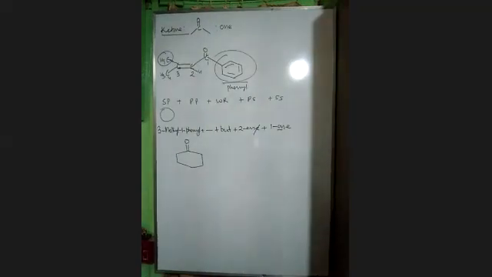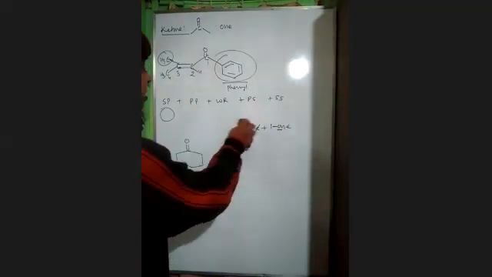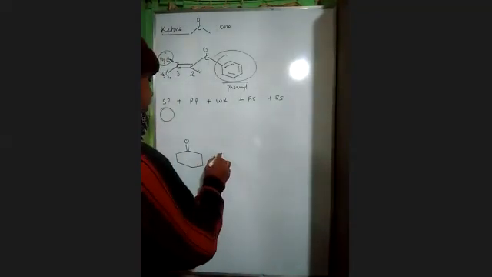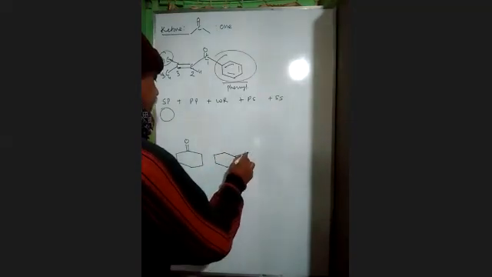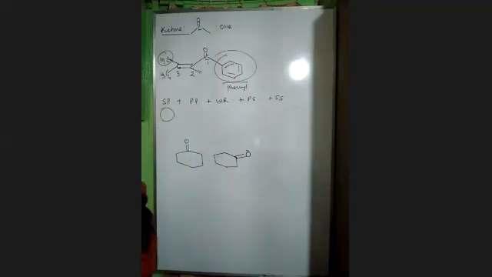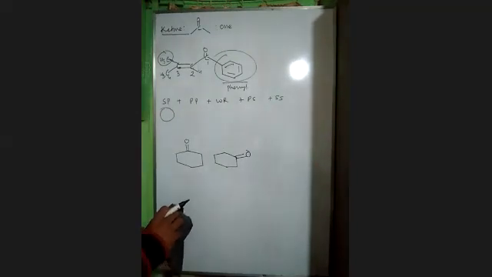Tell. Cyclohexanone. Correct. Because we will not put any number here. Good, good. Because, see, why I'm saying? Because these all carbons are same. If I write this, these two are same molecule. Because you do not know on which carbon it is. Cyclic compound, you can't say which is the first carbon.